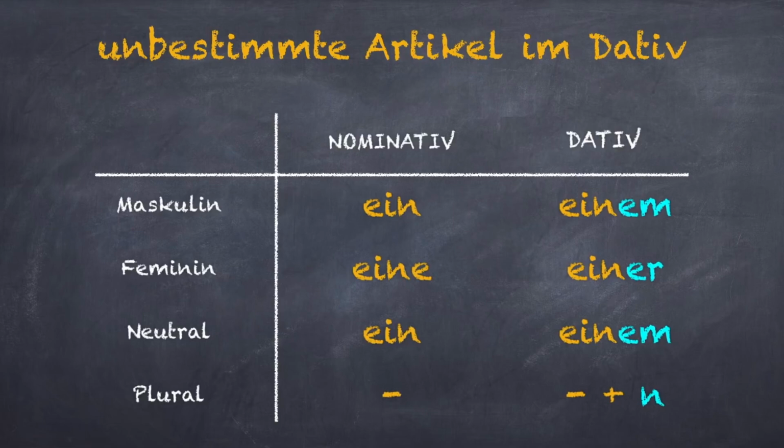And for plural, there is no unbestimmte Artikel. But if you use a noun in plural as a dative object, don't forget to add the n at the end. In this case also, you should remember that the dative article for masculine and for neutral is the same, that is einem.